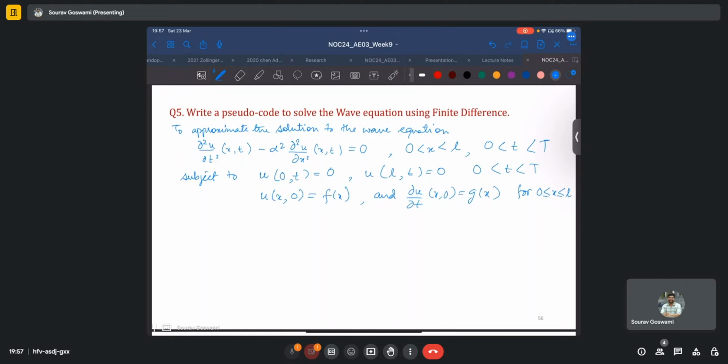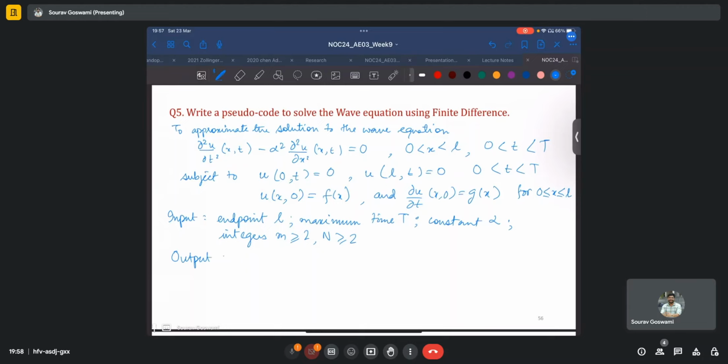And for such a code, the required inputs are the endpoint L, the maximum time T, the constant α, and the integers m ≥ 2 and n ≥ 2.